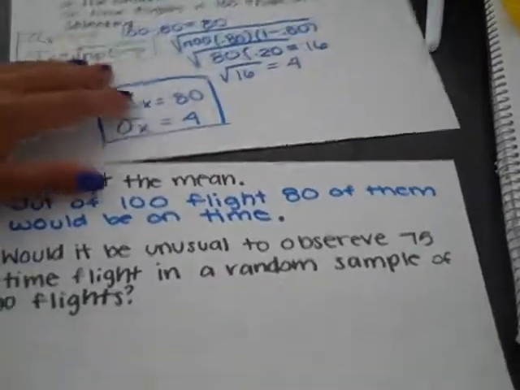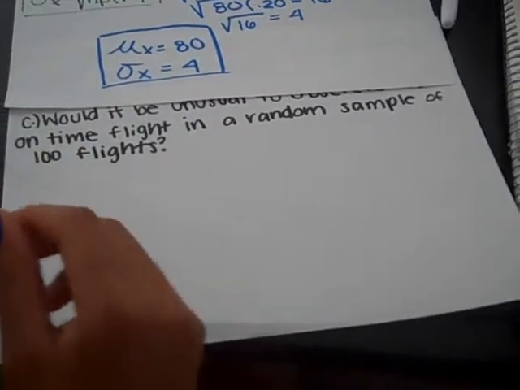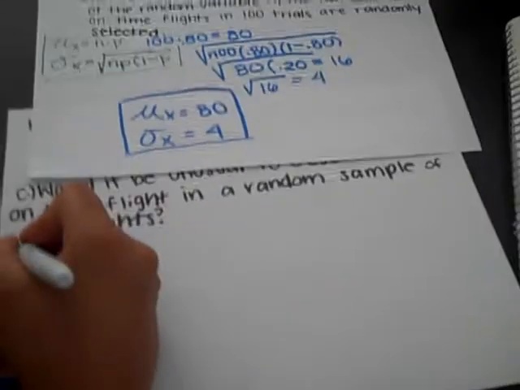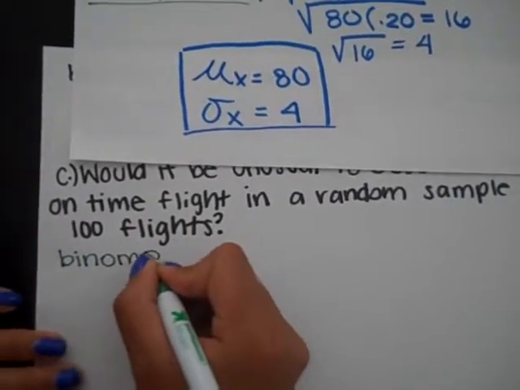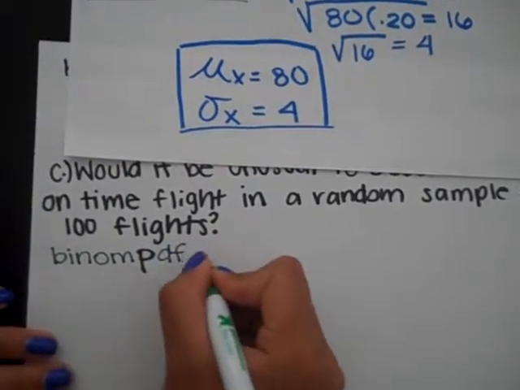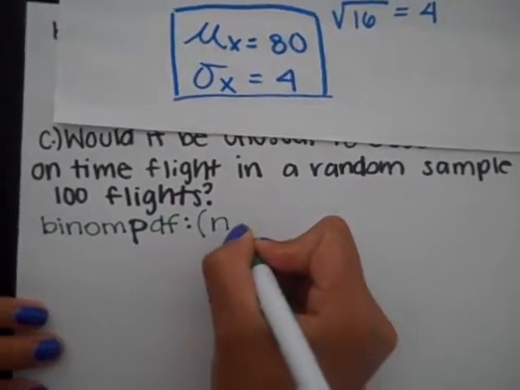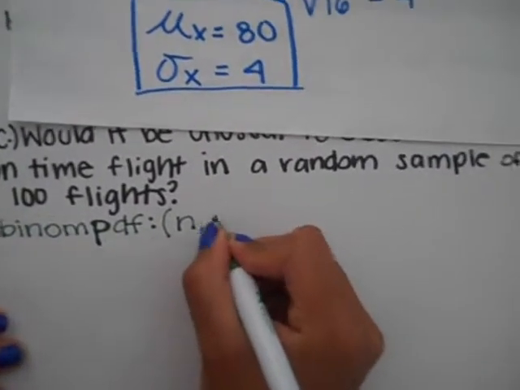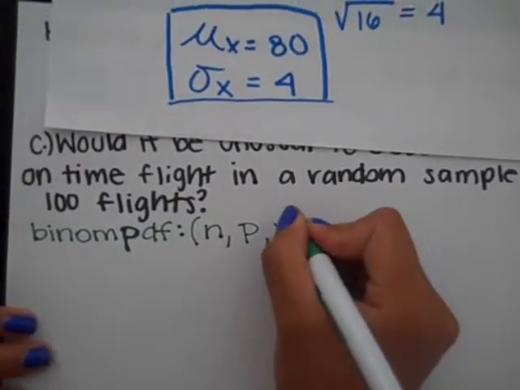So the first thing you need to do is figure out the formula for a binomial PDF, which is binomial PDF of n, comma, probability, comma, x.